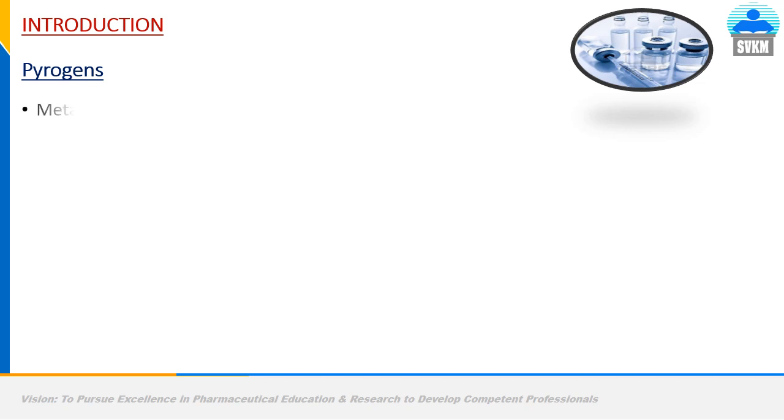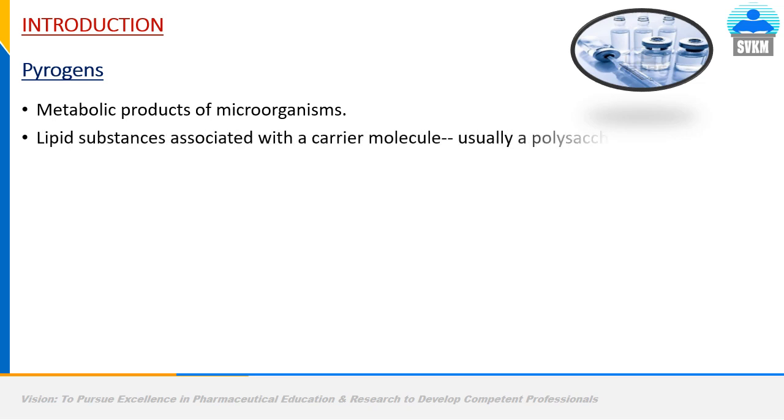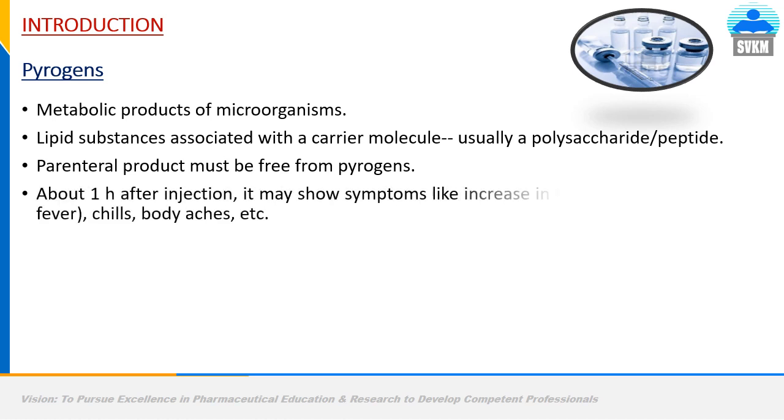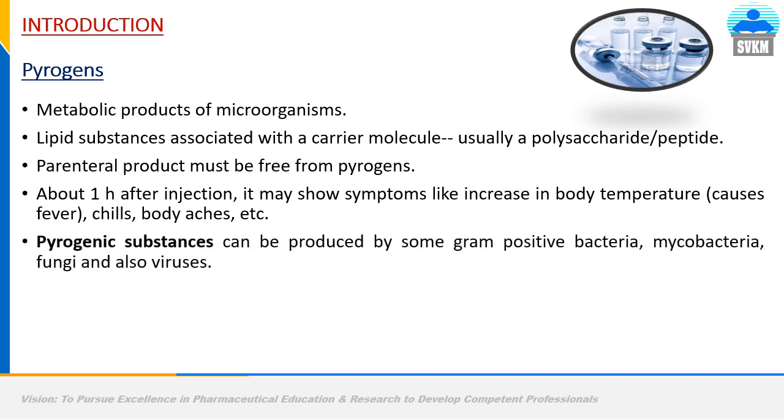What are pyrogens? Pyrogens are basically metabolic products of microorganisms. These are lipid substances which are associated with a carrier molecule, which is usually polysaccharide or peptide in nature. So parenteral products ideally must be free from pyrogens. If a pyrogenic preparation is injected, within about 1 hour of its injection, it may show symptoms like increase in body temperature, which may cause fever, even chills or body itches.